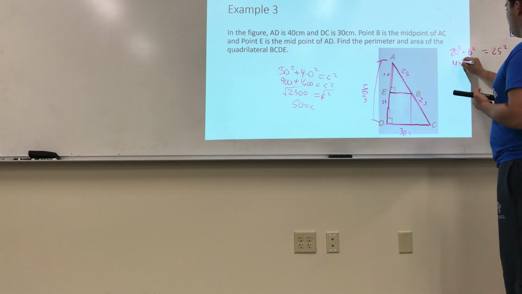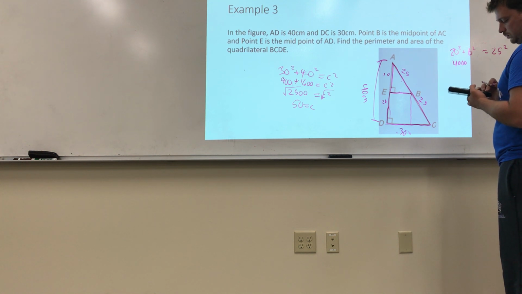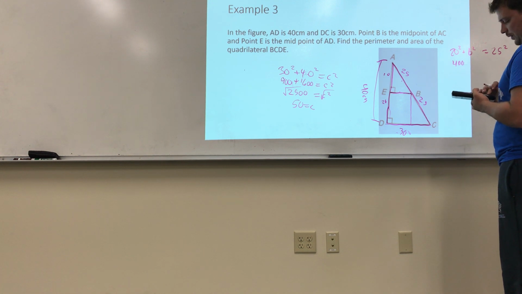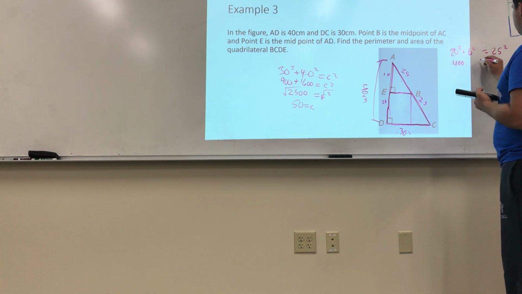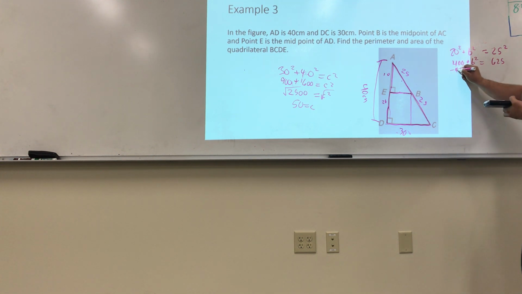This should be 400. Alright, 25 times 25 is 625. So I'm going to subtract 400 from both sides.